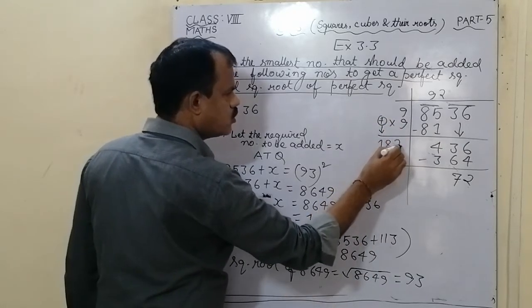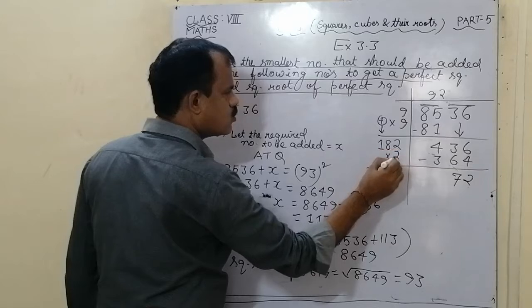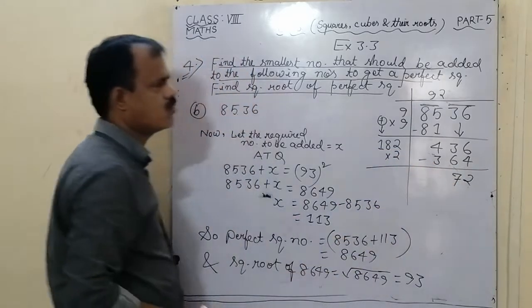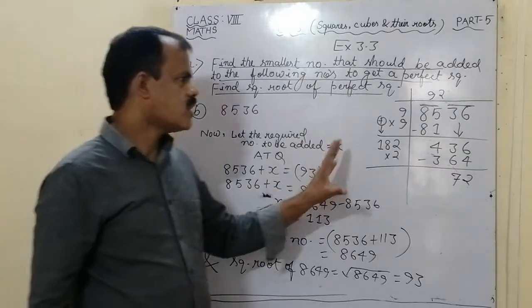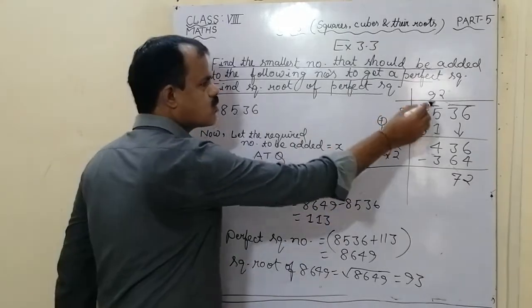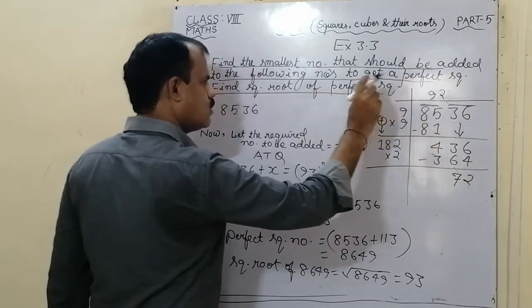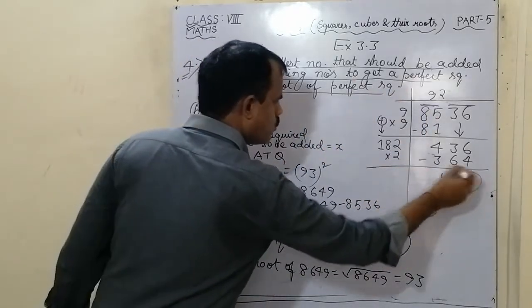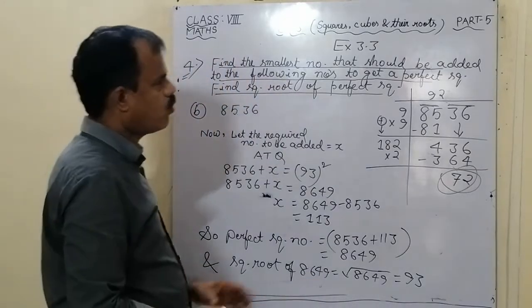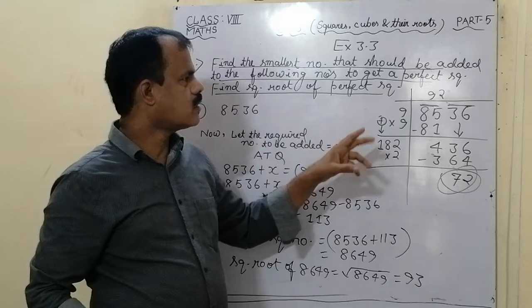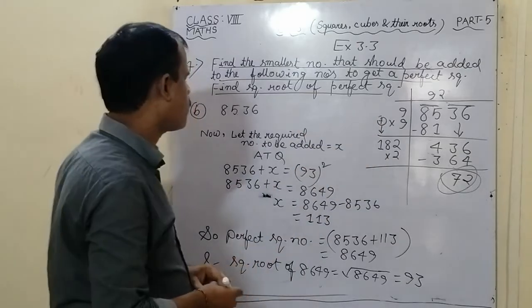Now we put 2, so 182 into 2 becomes 364. So the remainder is 72. So obviously 92 squared is less than that, so we have to find what number we have to add so that it becomes a perfect square.